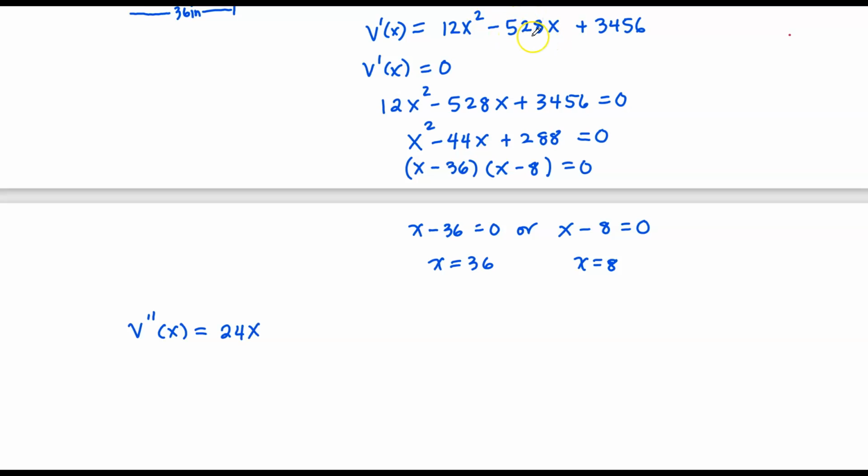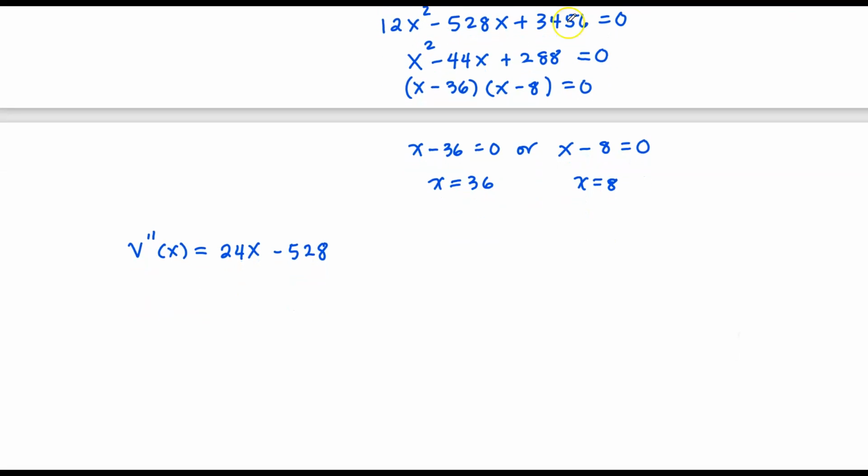The derivative of negative 528x is minus 528. Then you evaluate the second derivative at these values of x. So we have v double prime at 36, and v double prime at 8. So you have 24 times 36 minus 528, and also 24 times 8 minus 528.